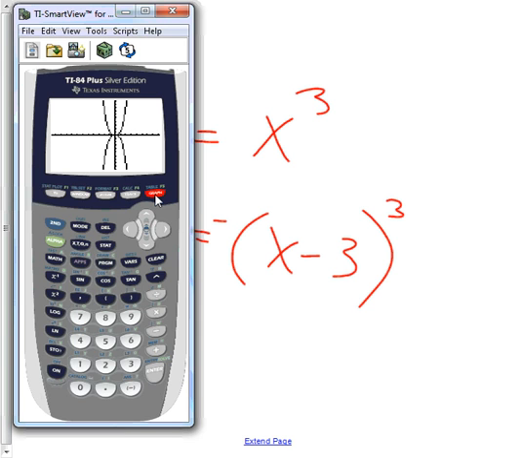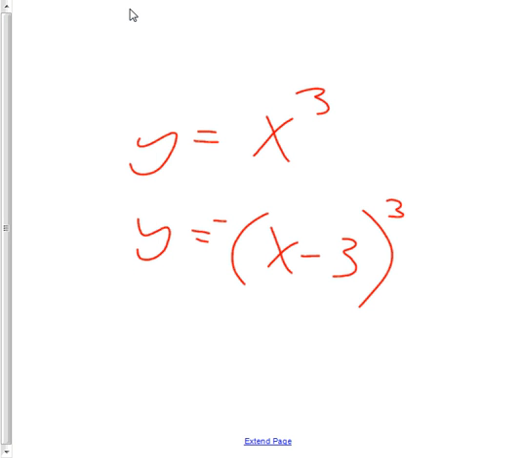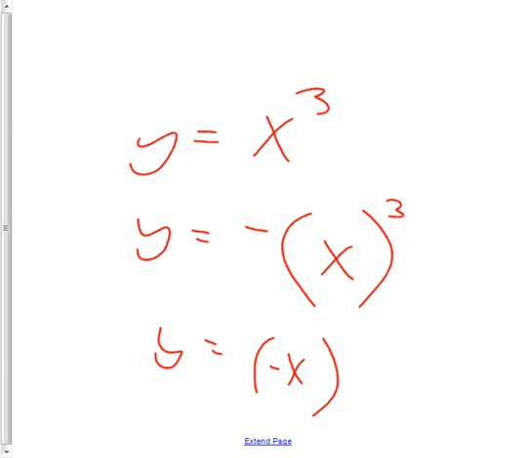Let's just think about that for a second. Why would it matter if I put the negative inside versus outside? I get the same exact thing. Yes, you're going to times it by itself 3 times.